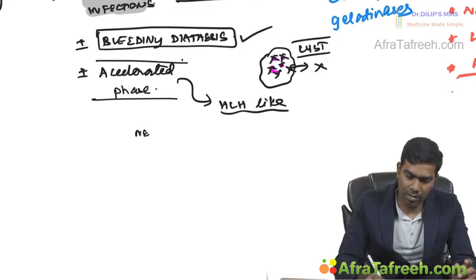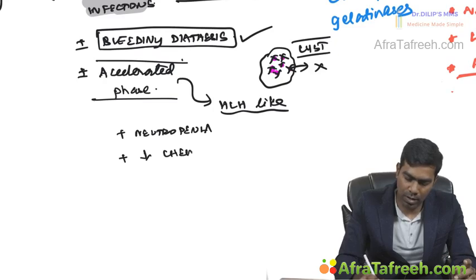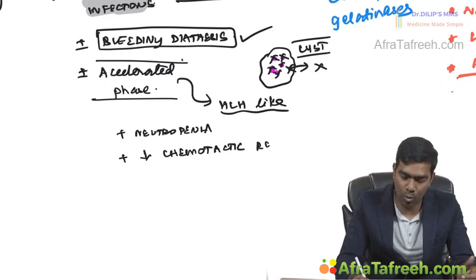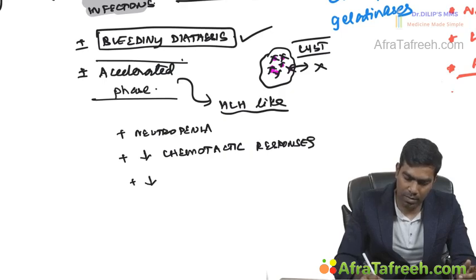And patients may have associated neutropenia. Patients may have associated reduced chemotactic responses. The neutrophil chemotaxis may be reduced itself due to unknown reasons. And the patients may have reduced NK cell activity also.